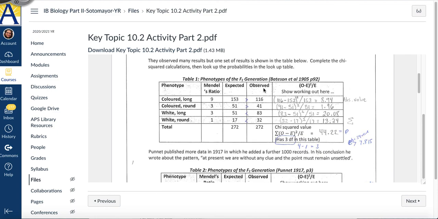Especially in genetics. When you're running a genetics problem and you are trying to see if what you observe experimentally matches what is expected. Okay, so that's the importance of a chi-square table. I hope you guys are able to complete your own chi-square table, and that is it for today.